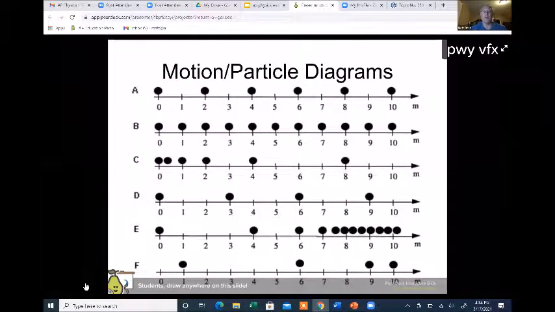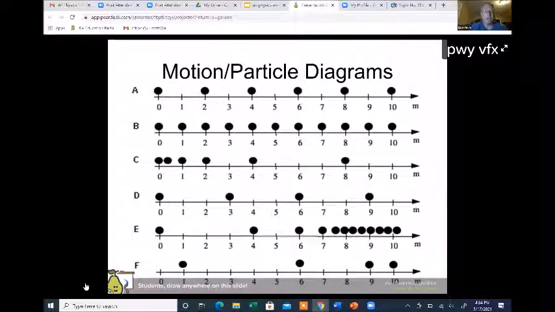First of all, I want you to circle the letter of the particle diagram here that's moving with a constant positive velocity.